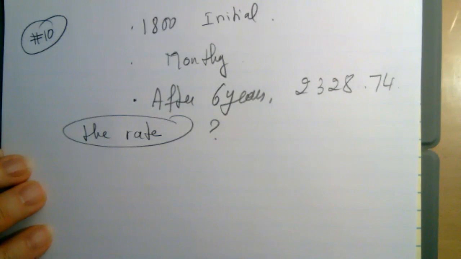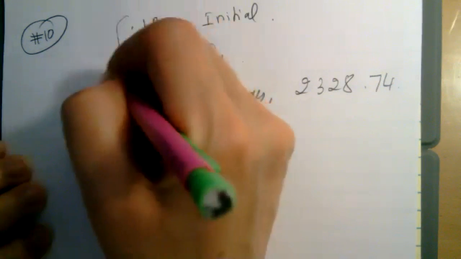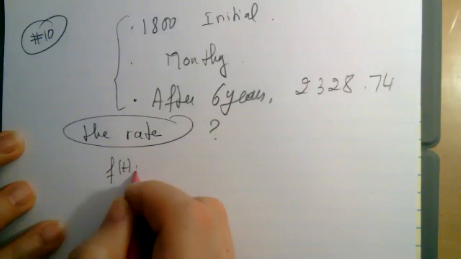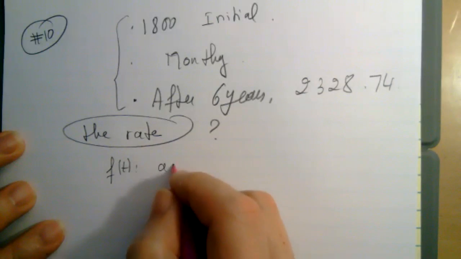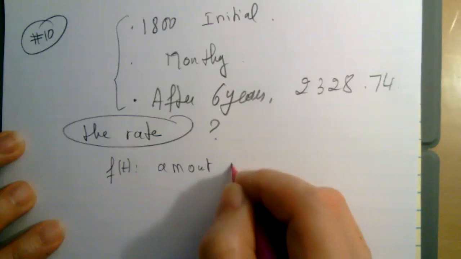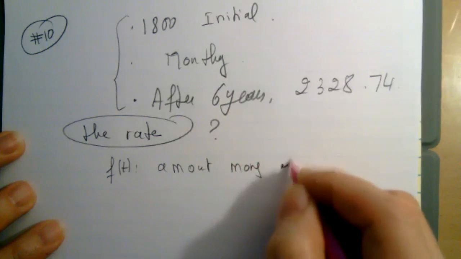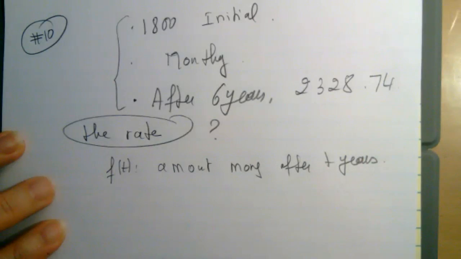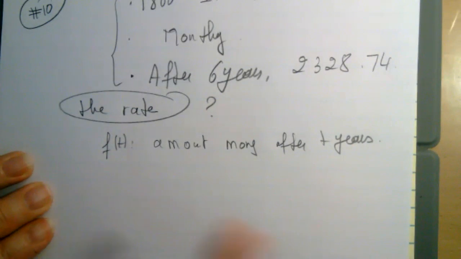I'm going to treat it exactly the same way I treated the previous problem. Okay, so f of t is the function that for every t gives me the amount of money after t years. Now f of t follows a specific rule.